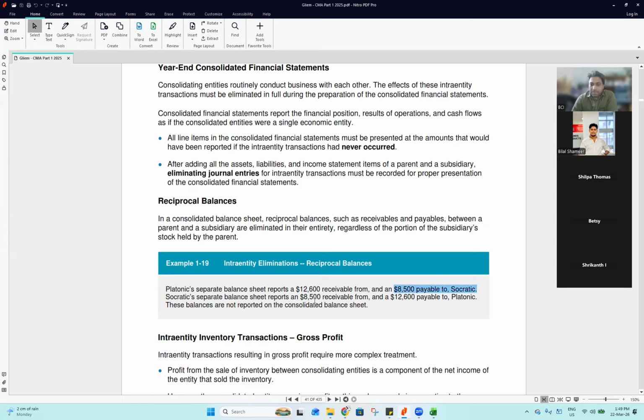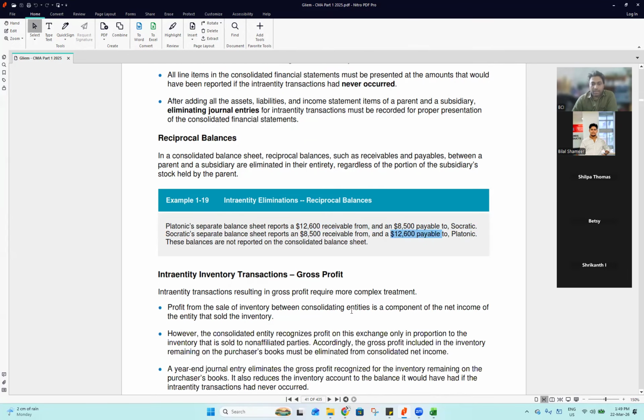And Socratic has 8,500 receivables and 12,600 payable. So when you consolidate, we will not show this in the consolidated statement. Clear? Why? Because it automatically gets eliminated, right? When you put these receivables and payables together, it becomes zero.